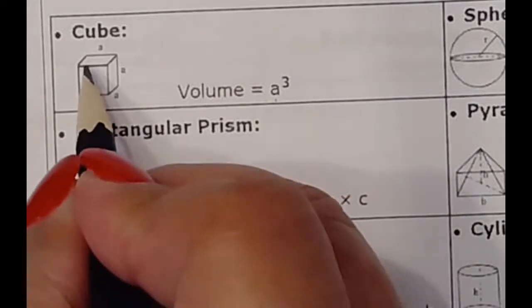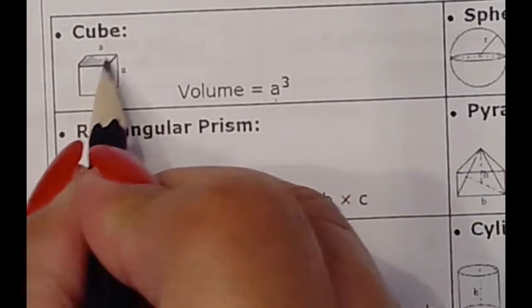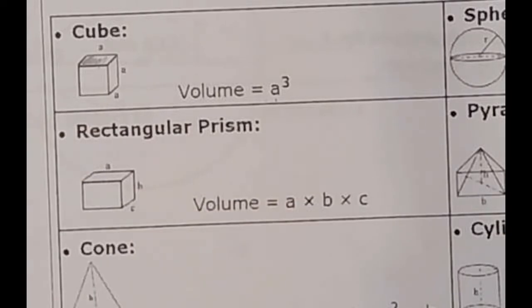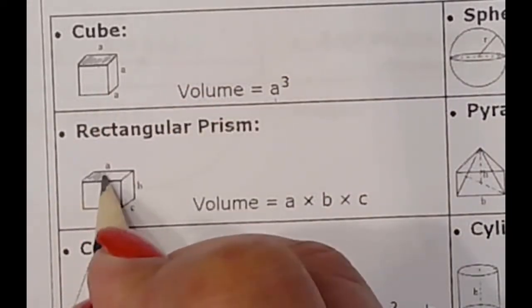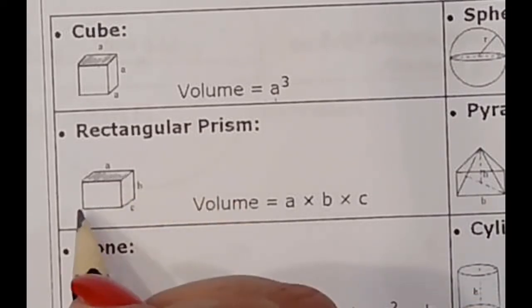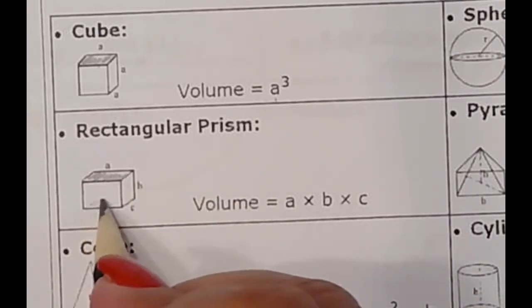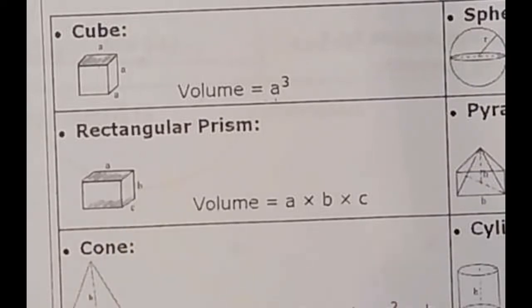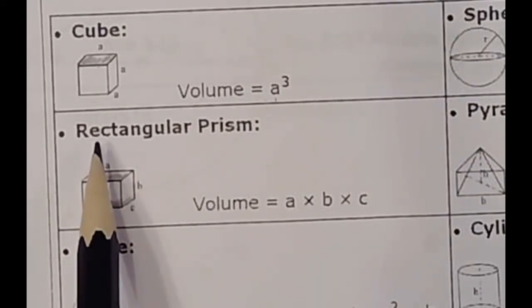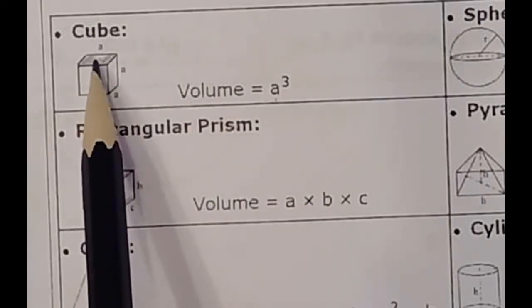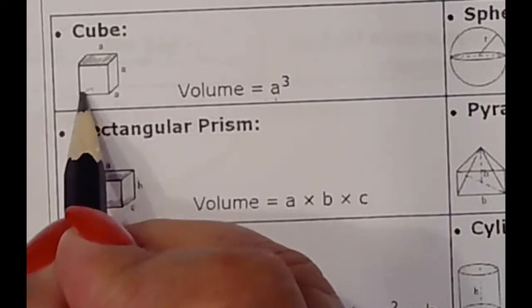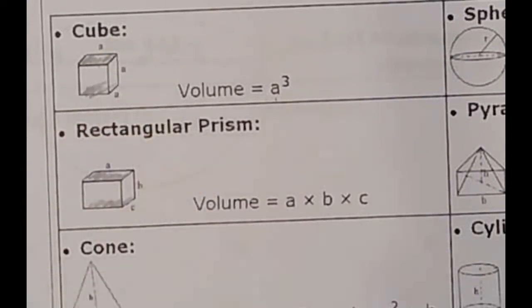The base is always matched, so if the top here is a square, then the bottom that you can't see because it's sitting on it is also a square. Likewise here, the top is a rectangle, and so is the bottom. So they would have the same shape. So this is a rectangular prism because the bases are rectangular. This is a cube because the top and the bottom are both squares.